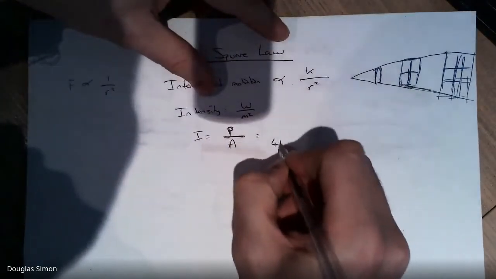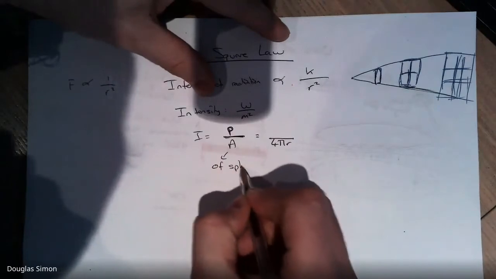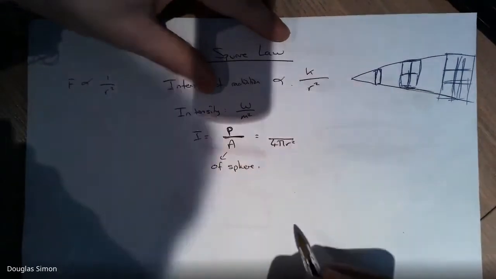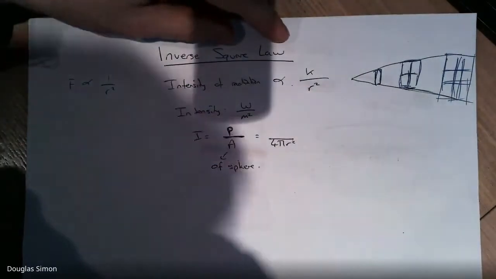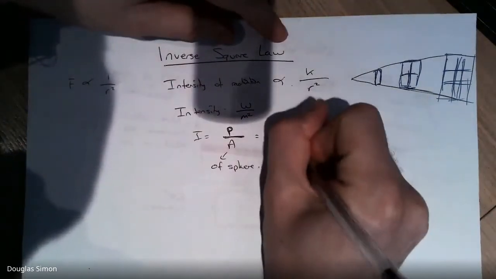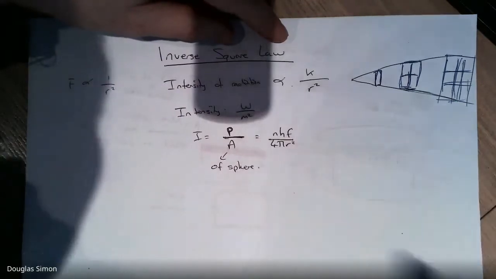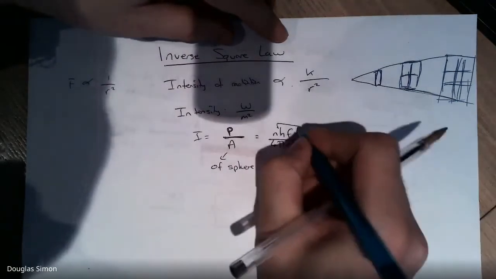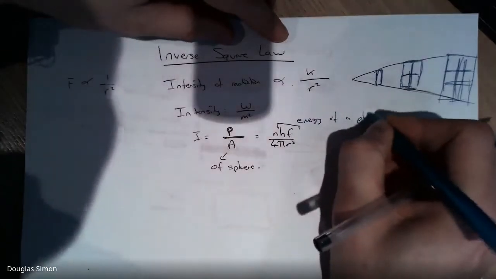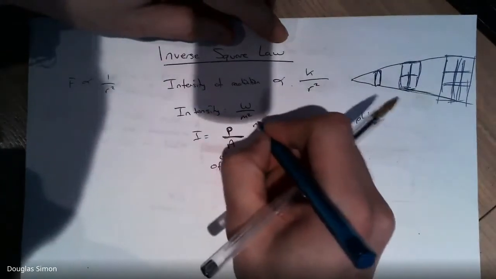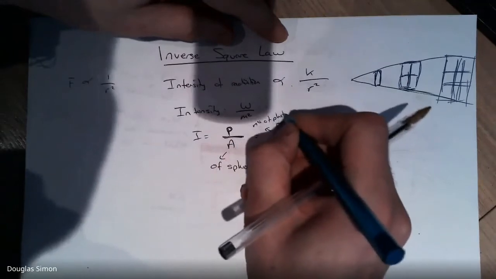Obviously, the area of a sphere is 4 pi r squared, and power is obviously energy per second. So it's the energy of a photon times the number of photons, which is not exactly revolutionary.